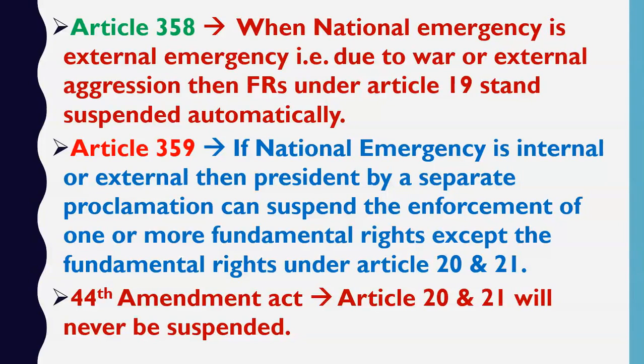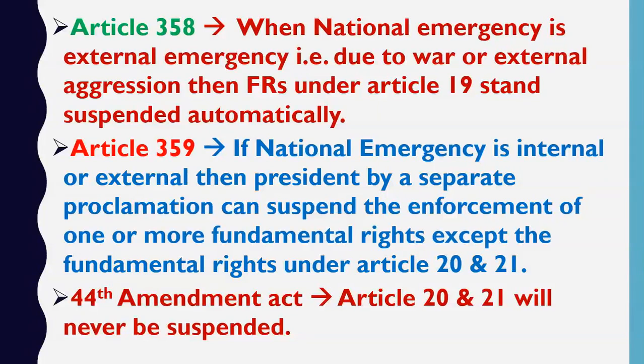But Article 359 gives discretion to the Union Council of Ministers and the President to suspend and restore any fundamental right as per the demand of the situation, except Articles 20 and 21.